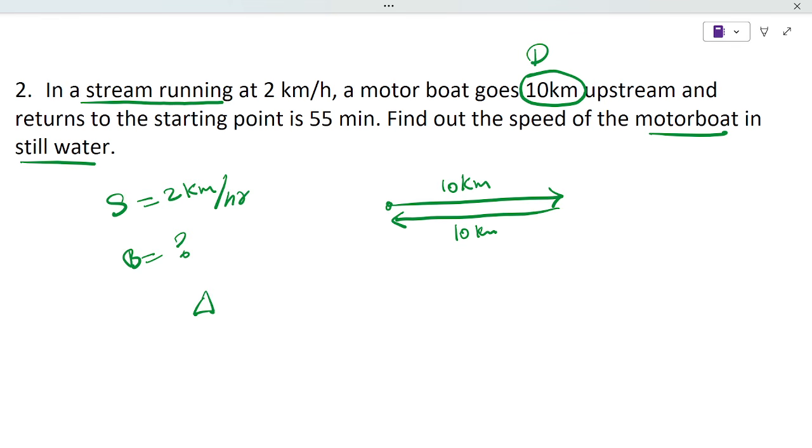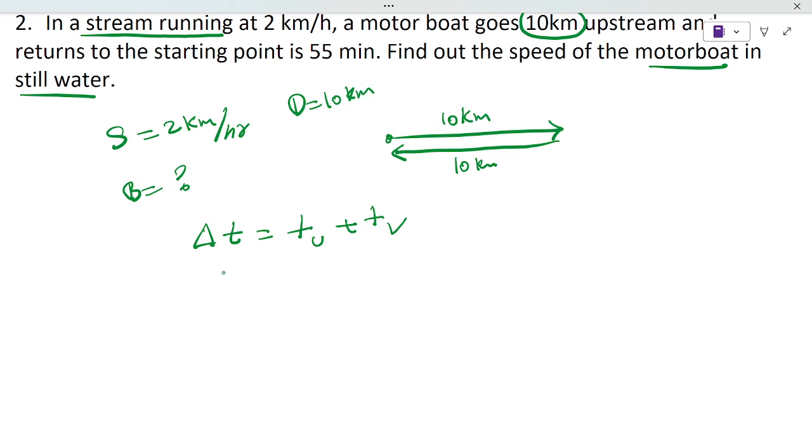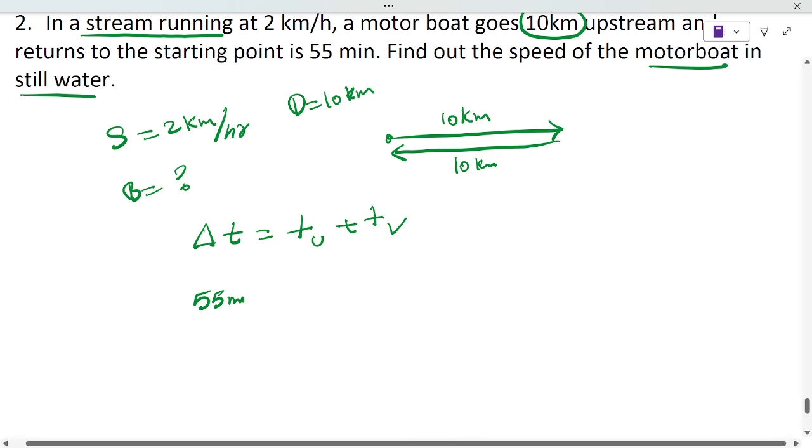But again, the total time is given as 55 minutes. That means time of upstream plus time of downstream. Here the distance is given as 10 km, right? Because upstream is 10 km, downstream is also 10 km. The time of upstream, the formula is distance by speed.